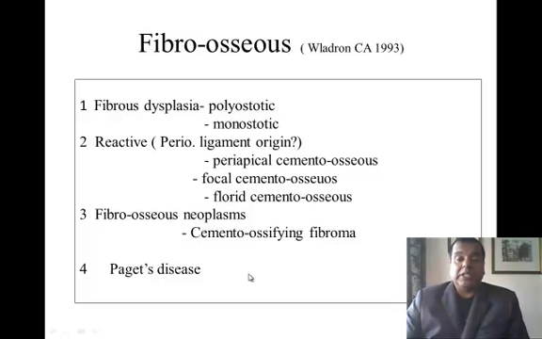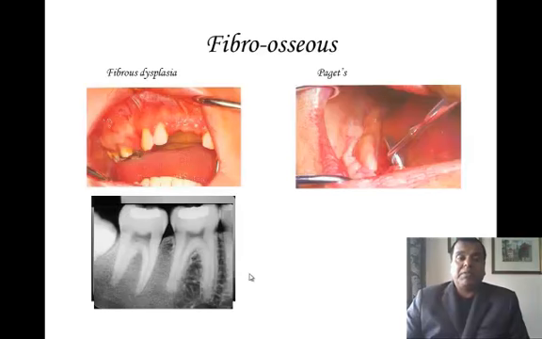of bone, which is a condition that can sometimes present clinically and cause clinical problems, especially with extractions. So fibrous dysplasia, what we see here is an expansion of the upper right maxillary segment, and here again this is Paget's disease, where you get excess bone growth.